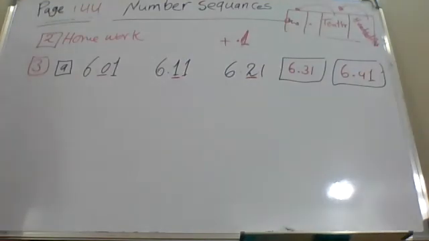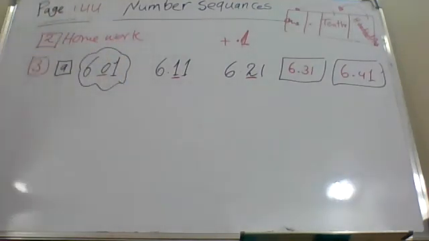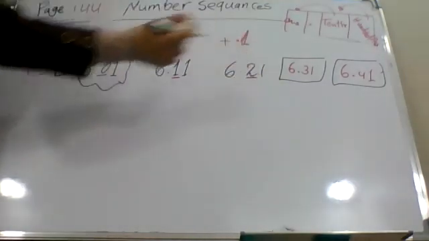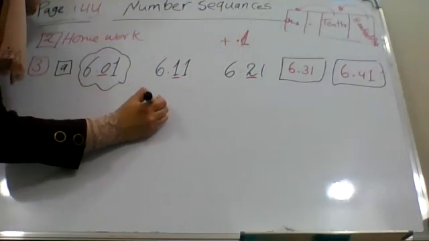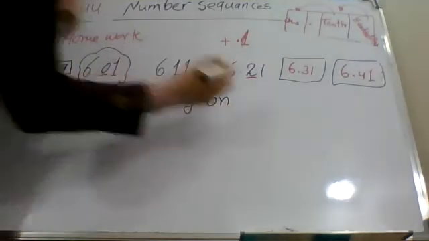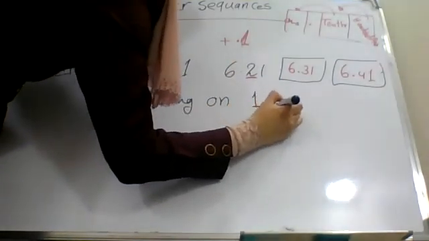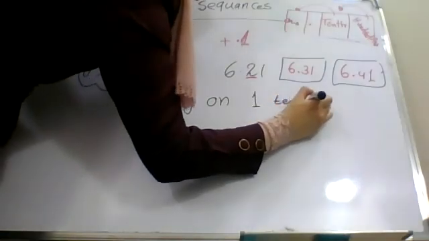Okay, the question is, this number sequence starts with what? We start with this number. So this is our number that we started with. The next question was to find the next number. We count on 1/10, okay?